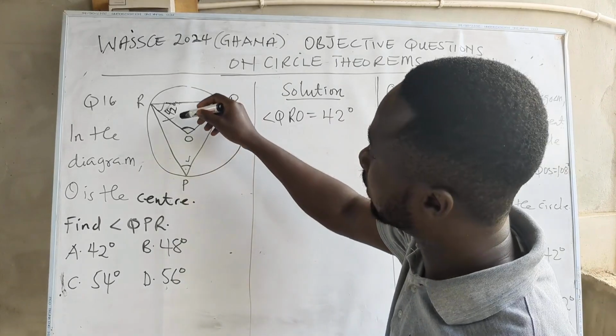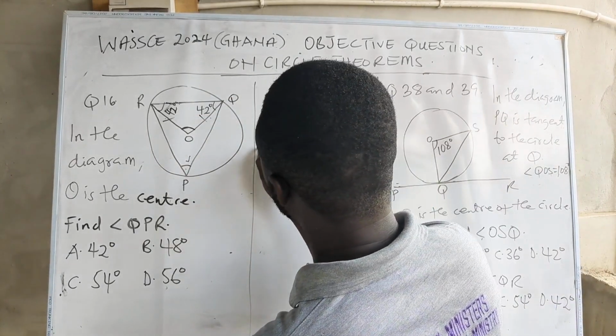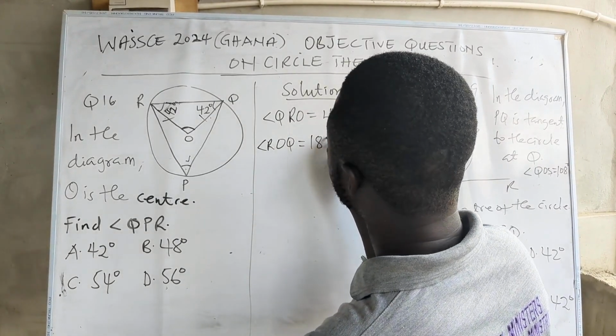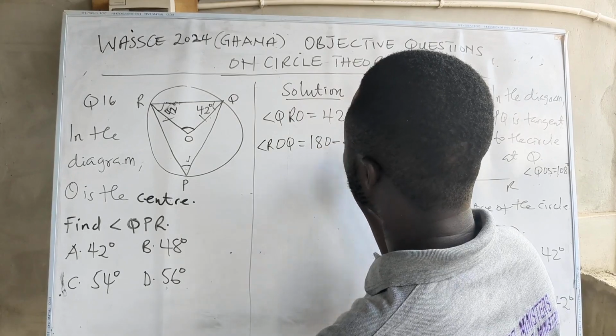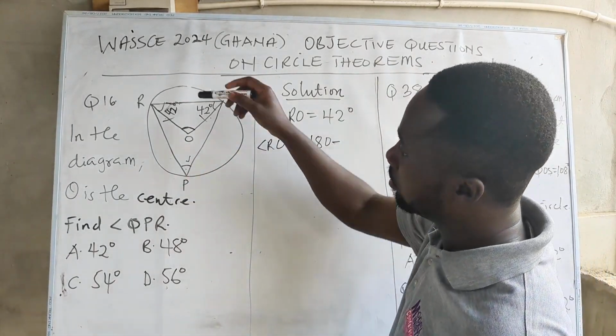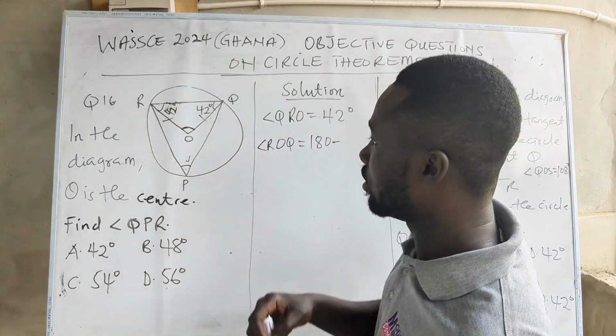And how do I get the angle ROQ? The sum of the interior angles of a triangle is 180.